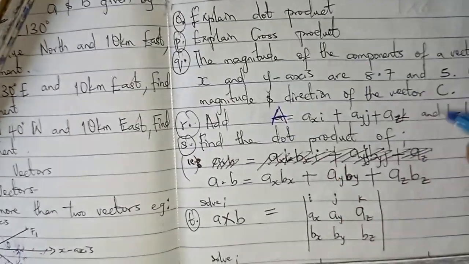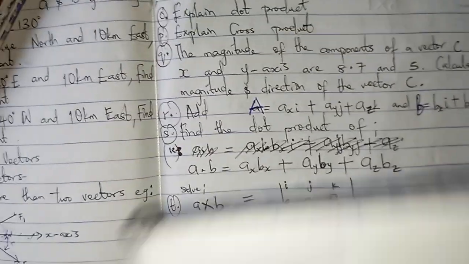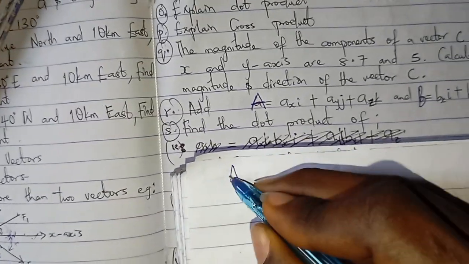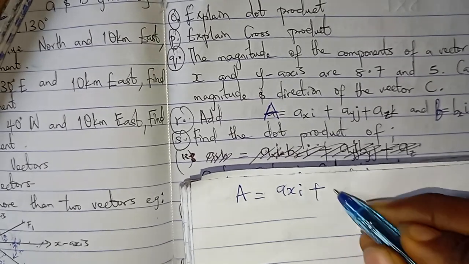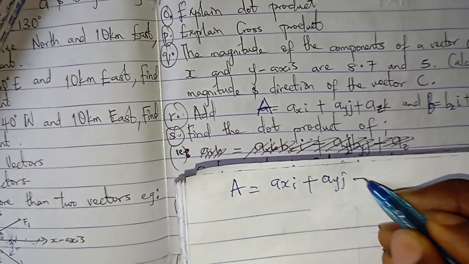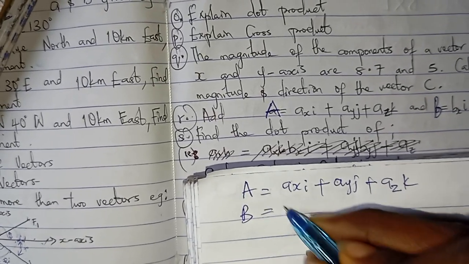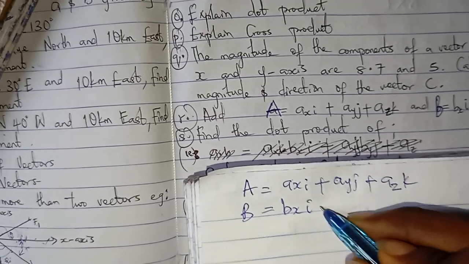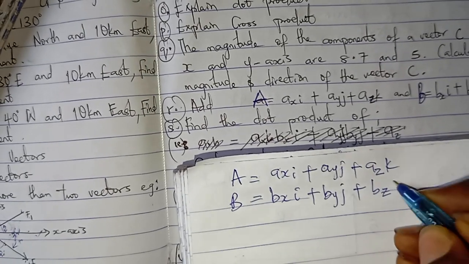This should be A, this should be B. So vector A should be equal to AXi plus AYj plus AZk, and vector B is equal to BXi plus BYj plus BZk.